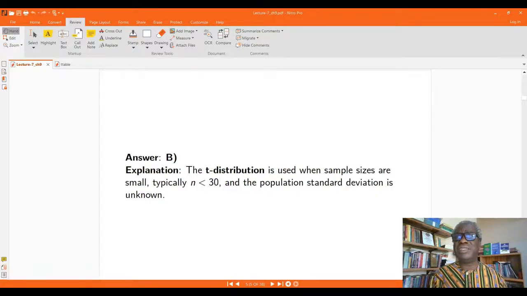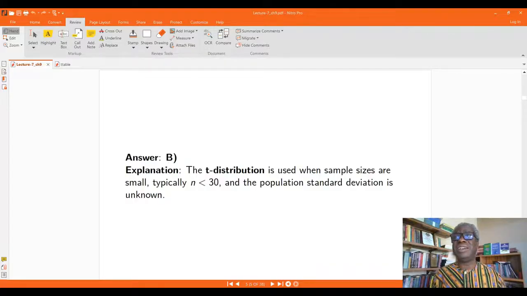But when the sample size is small, the t distribution is used. So there are two conditions for using the t distribution, which we will elaborate more. One is when the sample size is less than 30 and when the population standard deviation is unknown.